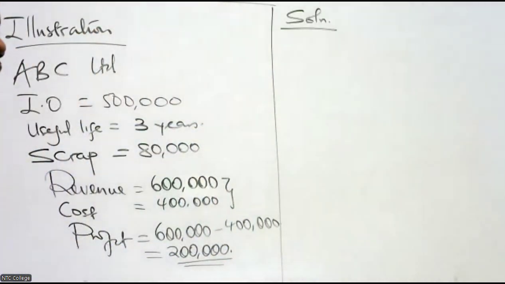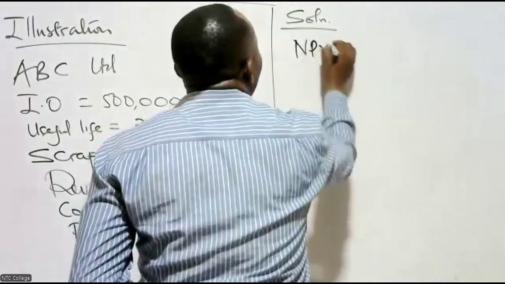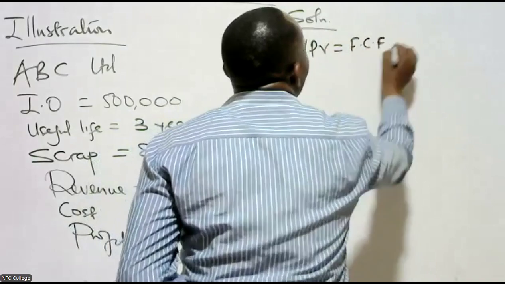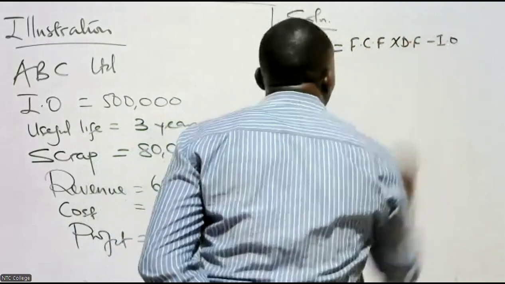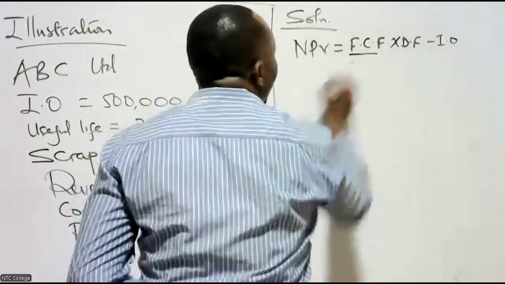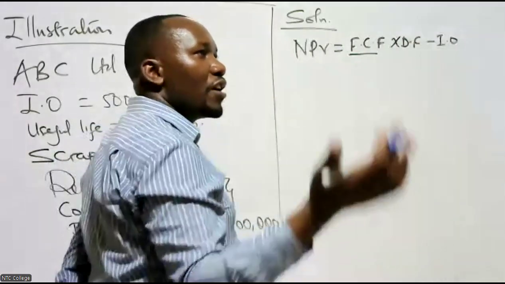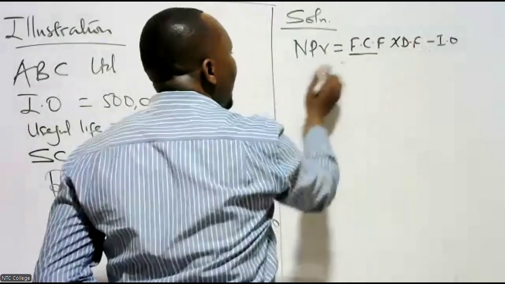So for us to get the NPV, you remind yourself that NPV is normally the free cash flow times discounting factor minus IO. How do we get free cash flow? Discounting factor we can get, because we have the percentage of return or cost of capital. IO we have, but how do we get cash flow?